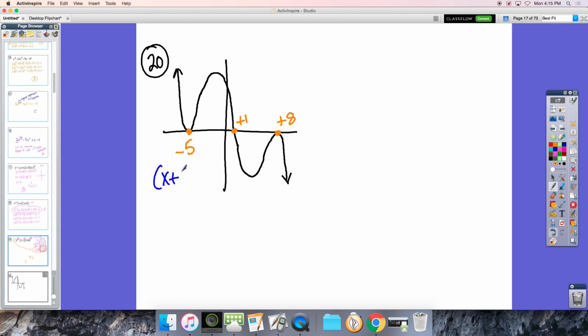So we'd have x plus 5, x minus 1, and x minus 8. You can also look at the multiplicities and what happens. Here it bumps, so you know it's going to be squared. Here it bumps, you know it's going to be squared. Here it goes through, so you know it's a 1. What you need to do is look at your answer choices and see which one matches. You should get answer C.